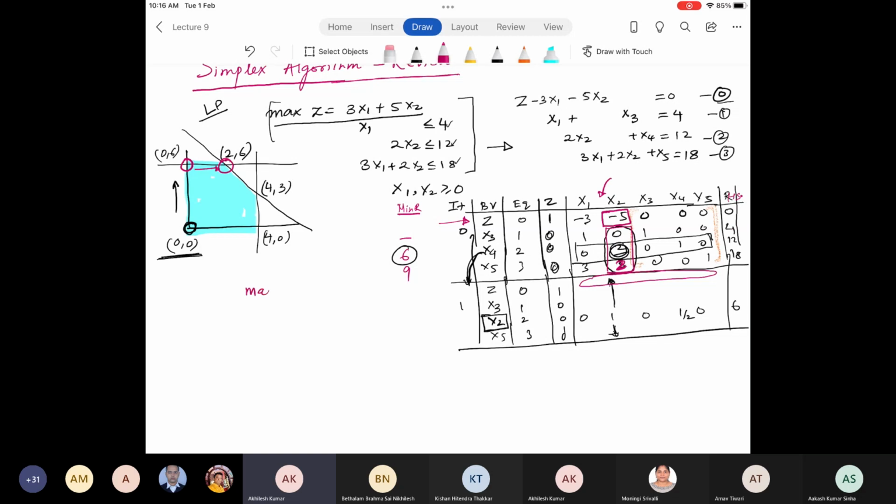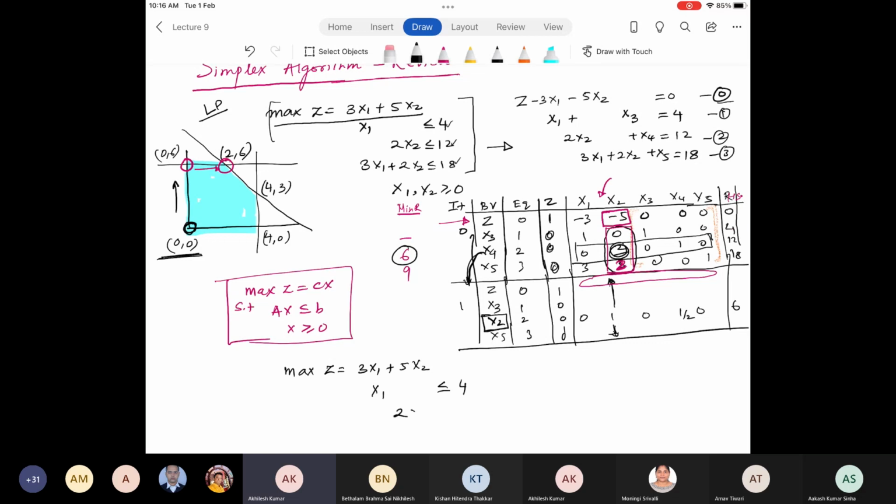Again writing, this is the standard form which we are using. Maximize g equals cx, Ax is less than or equal to b, and x is greater than or equal to 0. This is the standard form which we are following. Now, if I change one of the constraints, suppose maximize g equals 3x1 plus 5x2, x1 is less than or equal to 4, 2x2 is less than or equal to 12, 3x1 plus 2x2 is less than or equal to 18.